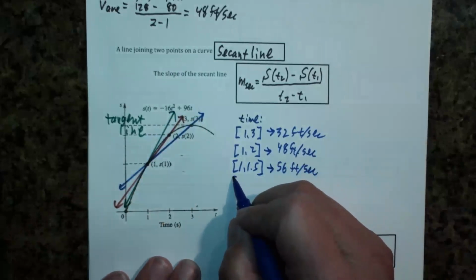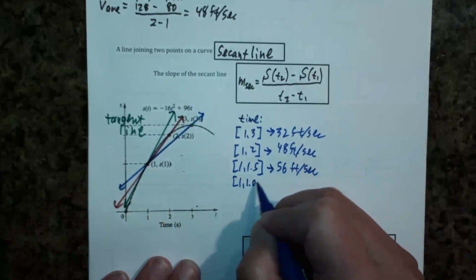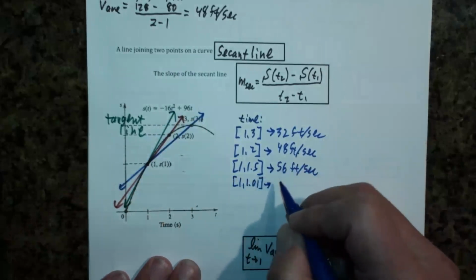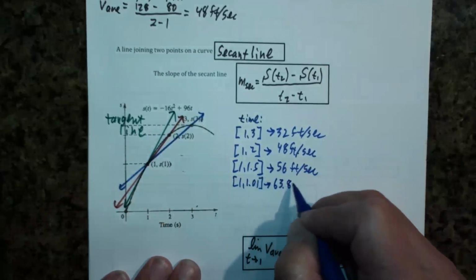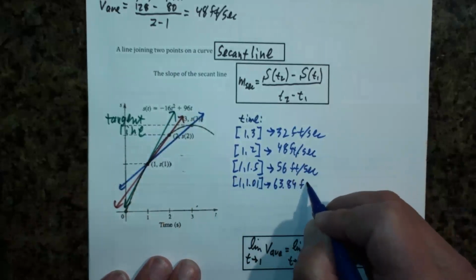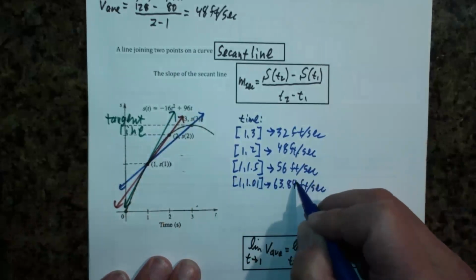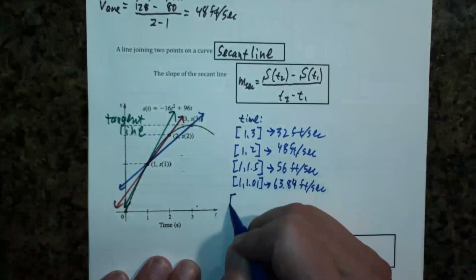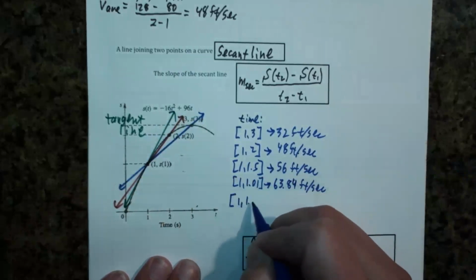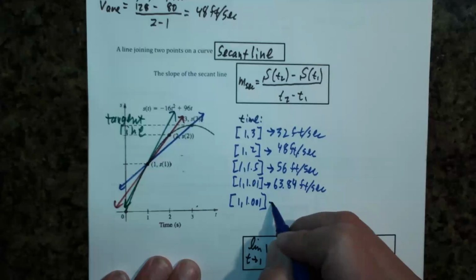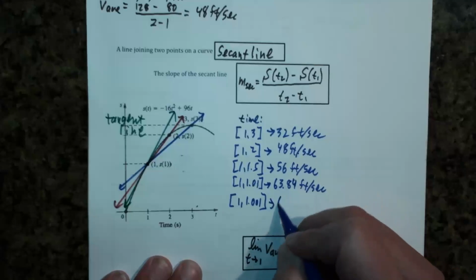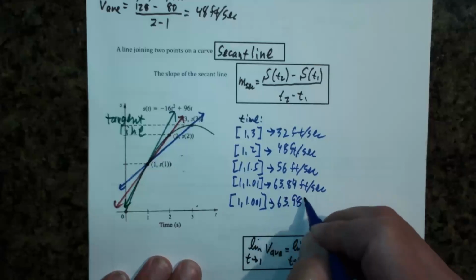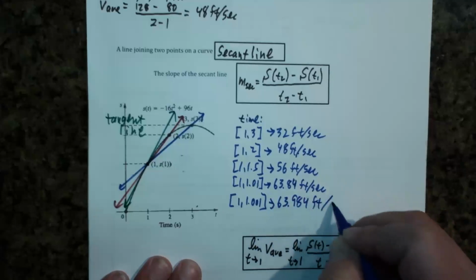And if we go from 1 to 1.01, we're going to get 63.84 feet per second. And if we go from 1 to 1.001, we are approaching 63.984 feet per second.